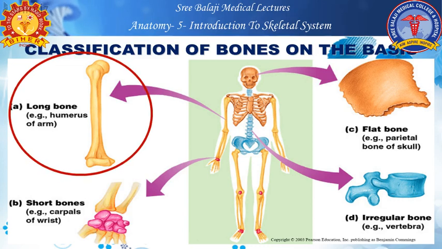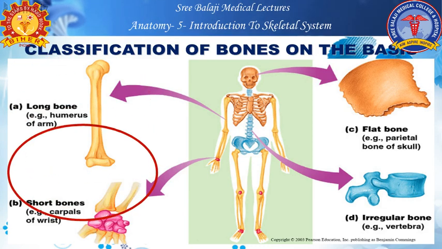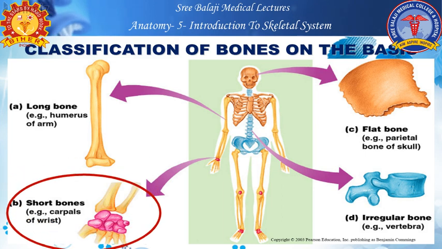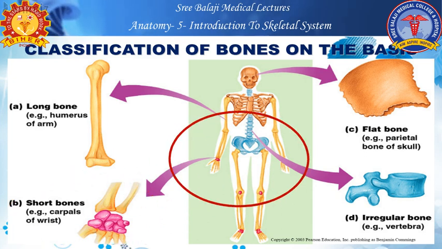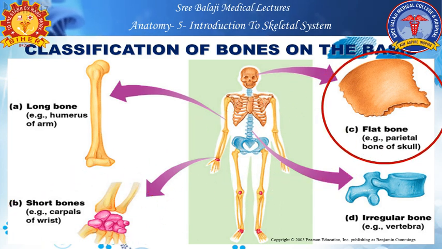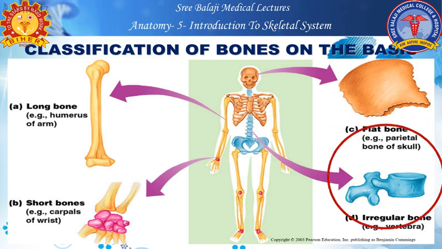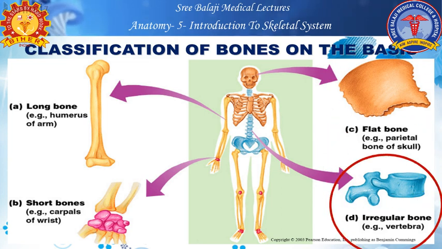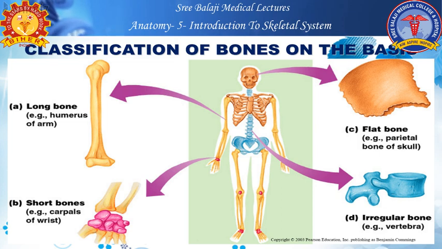Short bones are cuboidal shaped bones whose height, width, and length are almost similar. Flat bones are flat in nature, mainly helping in protection. Irregular bones do not have any specific shape. Pneumatic bones, sesamoid bones, and accessory bones I'll be explaining in detail in the coming slides.